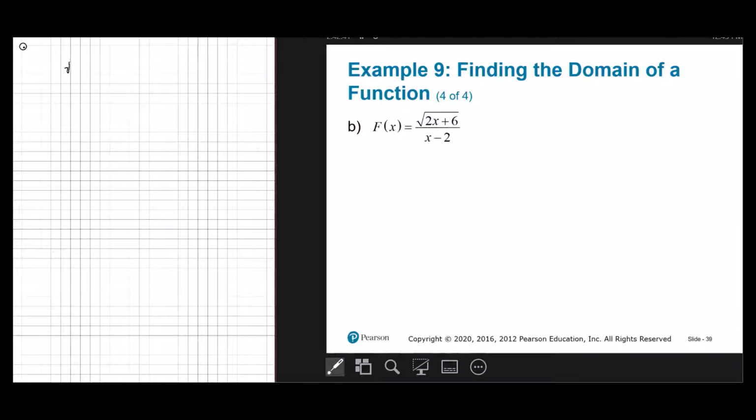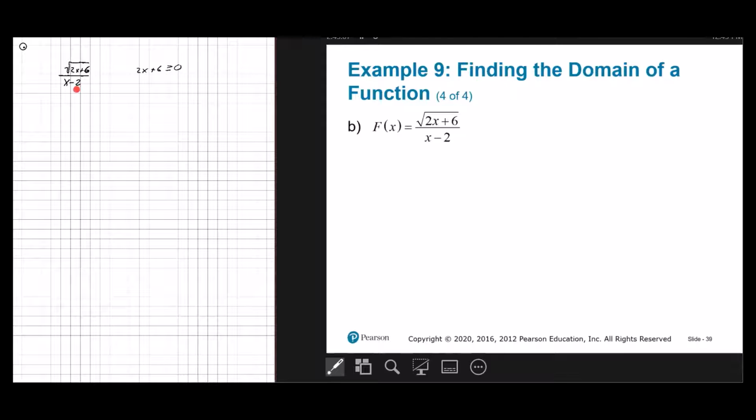So we have the square root of 2x plus 6, and in the denominator, we have x minus 2. In the numerator, we know what's inside that square root symbol has to be greater than or equal to 0. So 2x plus 6 has to be greater than or equal to 0.